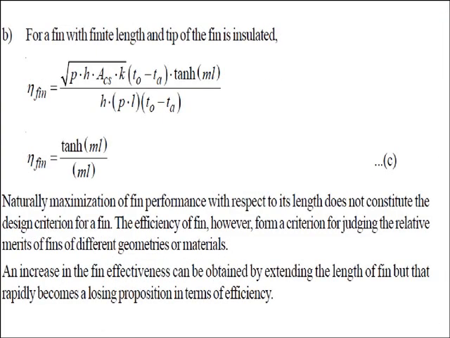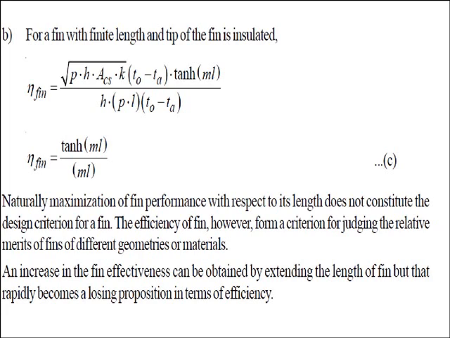In the similar way, if we consider the second case, that is the fin with finite length and the tip of the fin is insulated, in that case efficiency of fin, that is the ratio of Q fin divided by Q maximum, is equal to square root of PhAk into (T0 minus Ta) into tanh(mL) divided by h into PL into (T0 minus Ta), and that value is equal to tanh(mL) divided by mL, where m is the fin constant and L is the length of the fin.